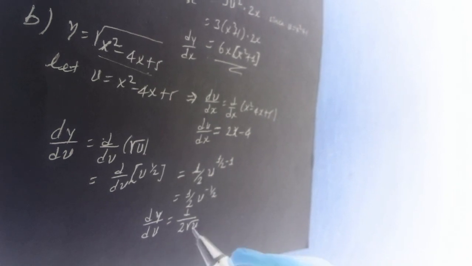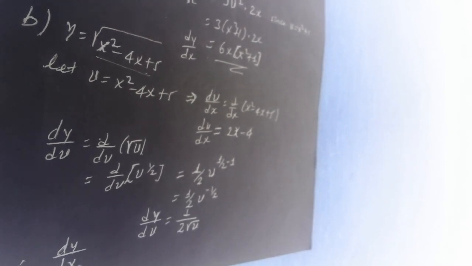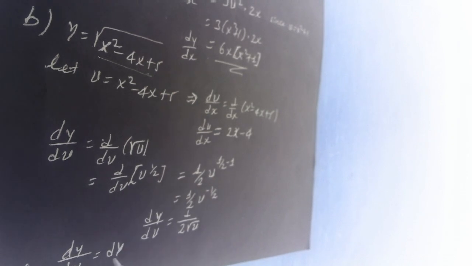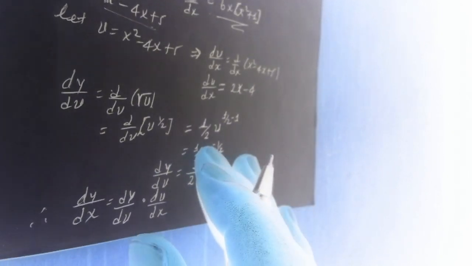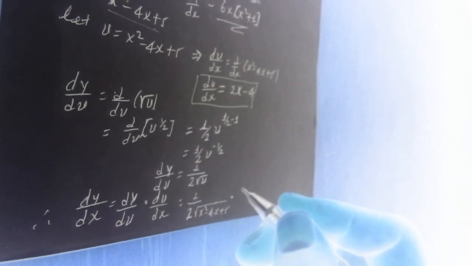The general formula: dy by dx is equal to dy by du times du by dx. Since the two fractions are given, dy by du is 1 over 2 root u, where u is x squared minus 4x plus 5, and you can substitute that in position, times du by dx, which is 2x minus 4.